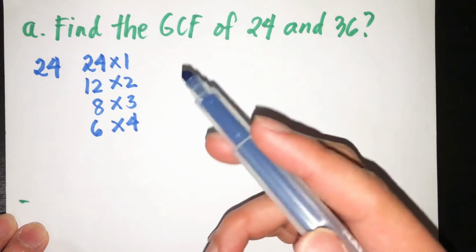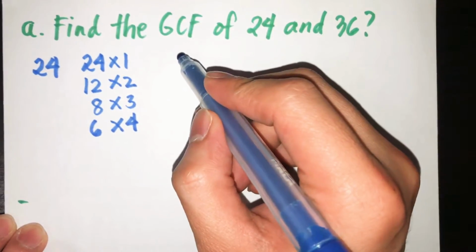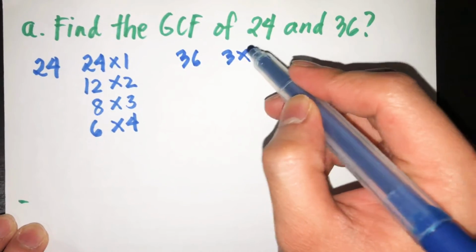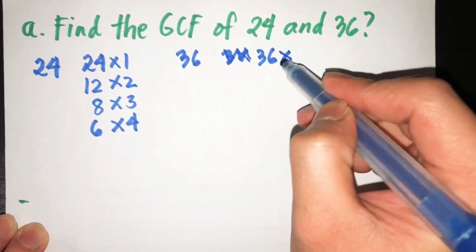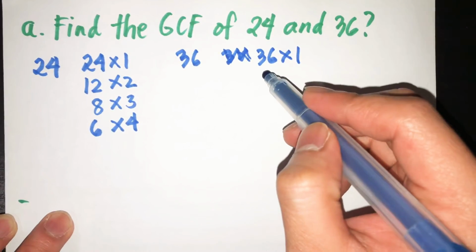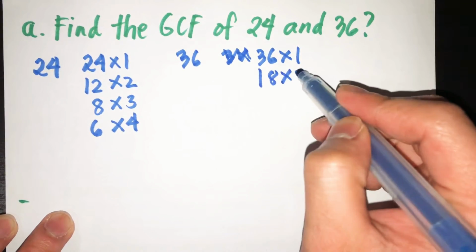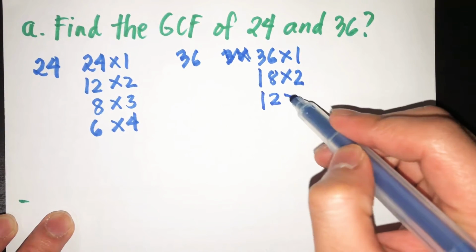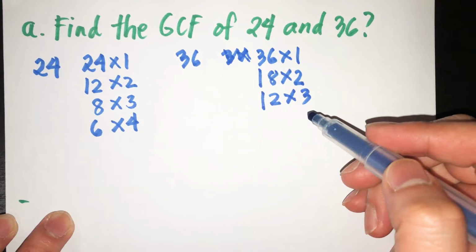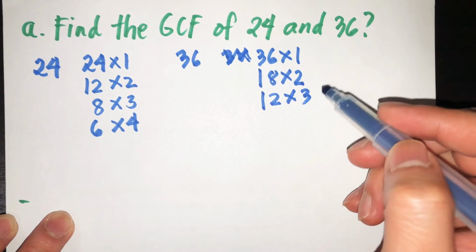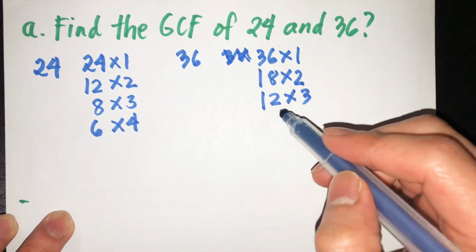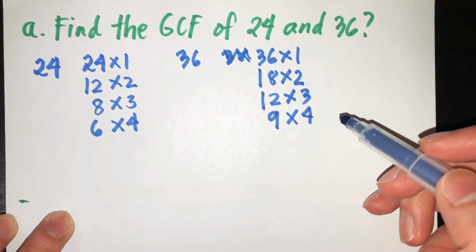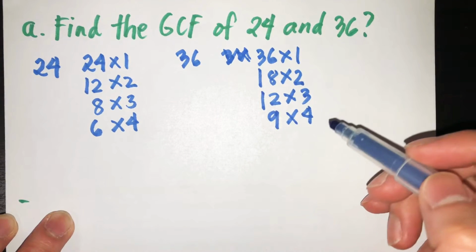Now, for 36, we have 36 times 1. We can also have 18 times 2, then 12 times 3, 9 times 4.